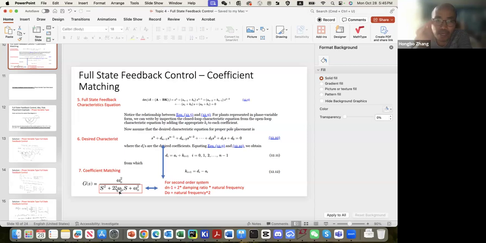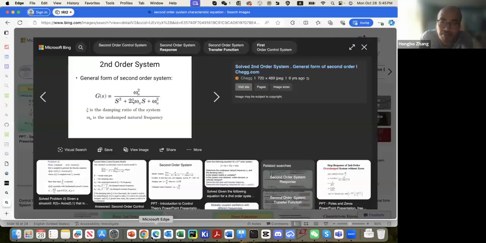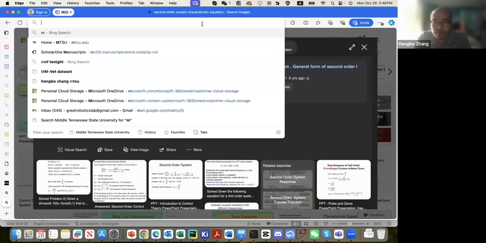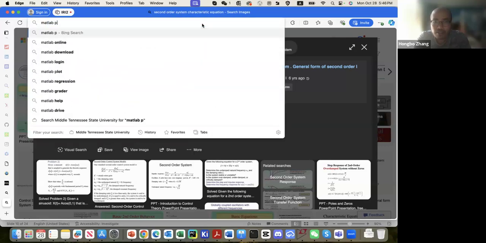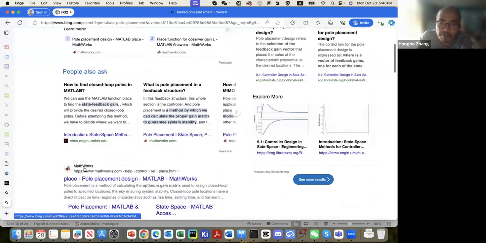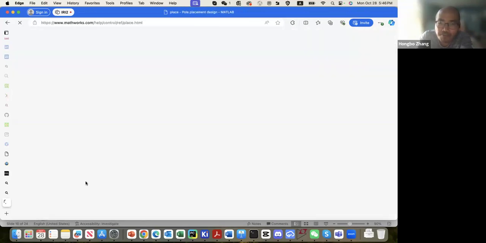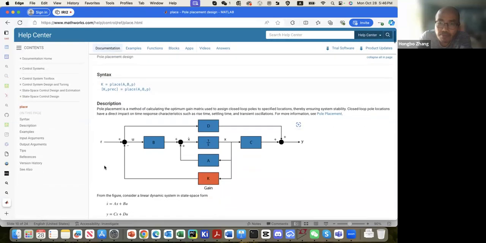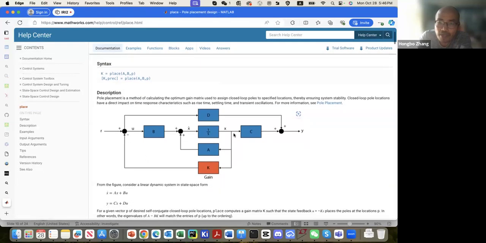So for a simple system, if you don't want to design LQR and MPC, you can use the command in MATLAB called place. Actually, I'm not sure you realized in MATLAB lab 3. Actually, all the stuff in MATLAB is just one command. You see, this is the MATLAB drawing, almost identical to what you draw.